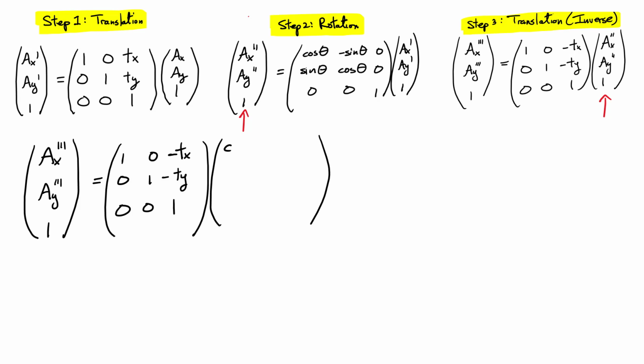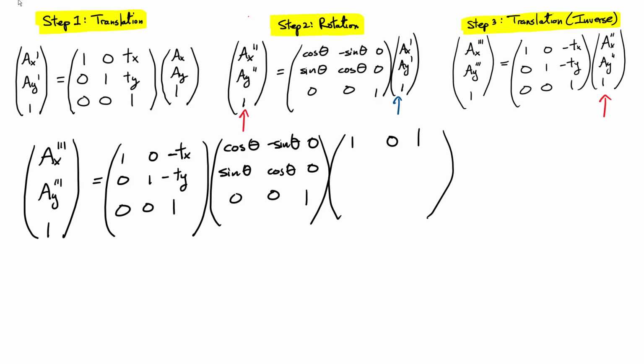So we're going to write cosine of theta, minus sine of theta, 0, sine of theta, cosine of theta, 0, and 0, 0, 1, multiplied by the primed vector. But the primed vector now is this definition. So let's go ahead and do this. So now it's just the original translation. t_x, 0, 1, t_y, and 0, 0, 1.